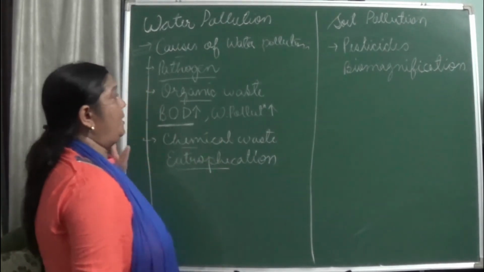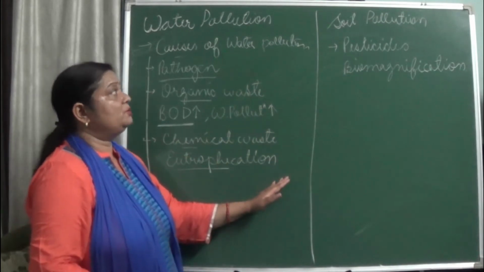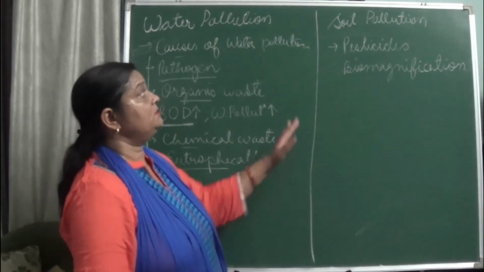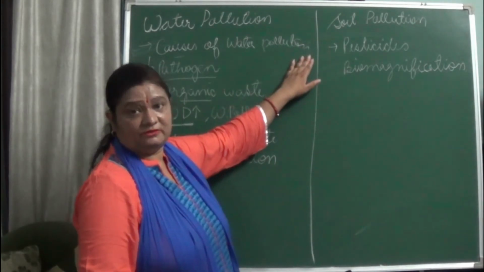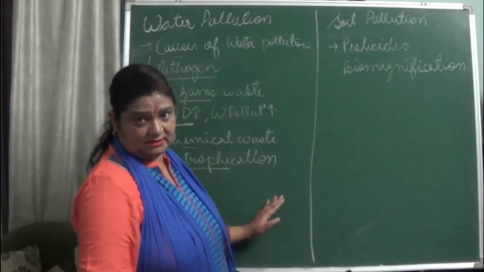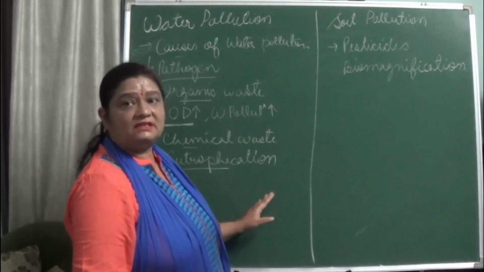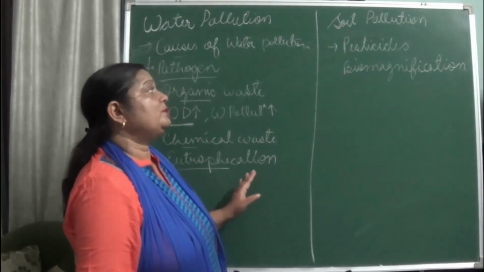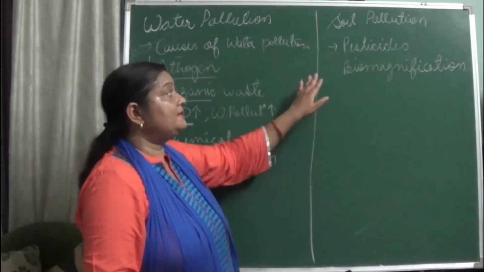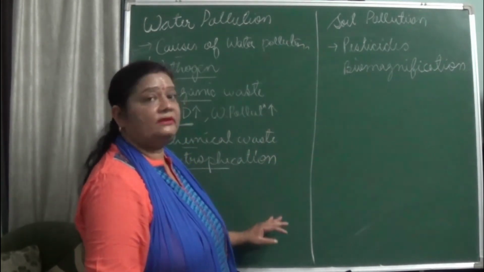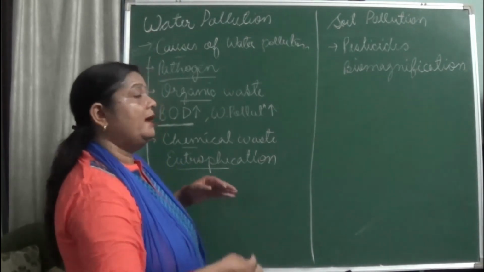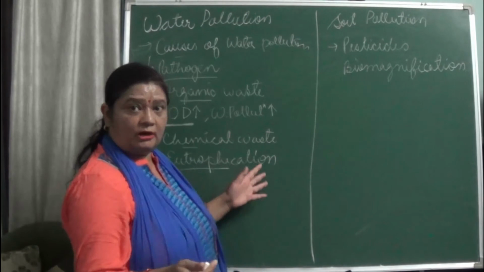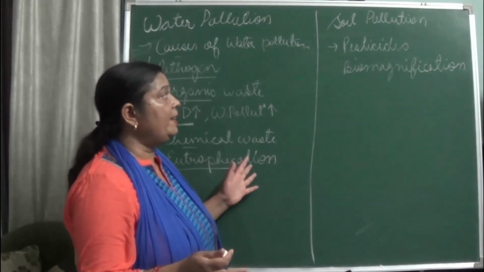Okay, now soil pollution. When we talk about soil pollution, the pollution caused in the soil is mainly because of the pesticides and the fertilizers. These pesticides and fertilizers are chemical substances. So what happens then, if the pesticides are given to the plants, it runs off with the water, and as a result it gets accommodated in the water body, isn't it?